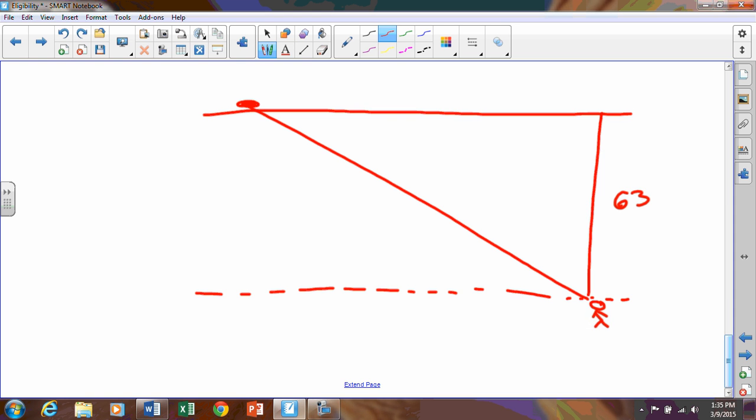So there's the surface of our water. Obviously, that's still another 63. And we were told our angle of elevation is 47 degrees. Remember, the angle of elevation or the angle of depression is always made with where the current height is. And we're wondering, how far must the diver swim so he's directly beneath the buoy?